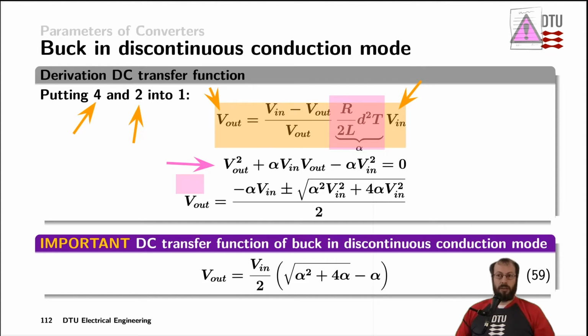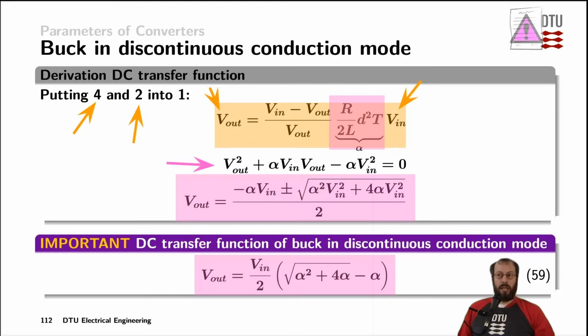Now, solving the quadratic equation gives us the relation for the output voltage in dependency of the input voltage. And we can rewrite this equation in a simpler way as is shown down here in equation 59.